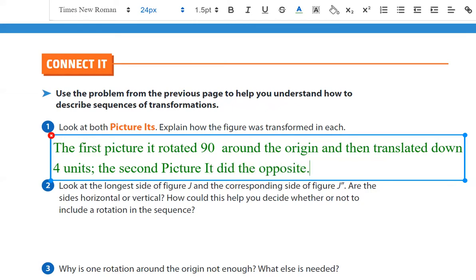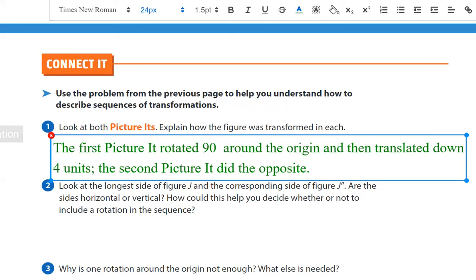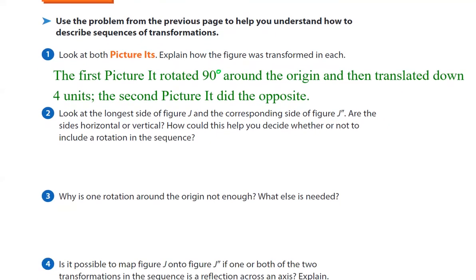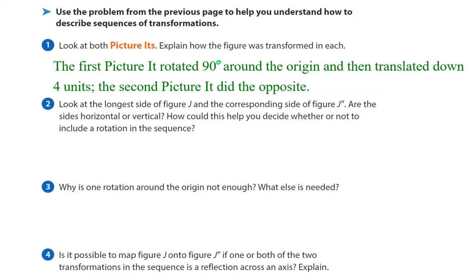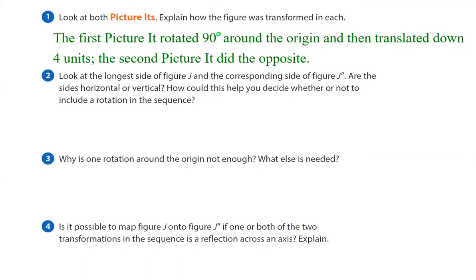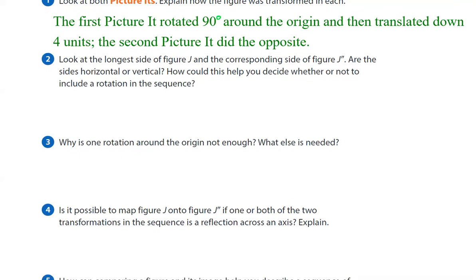There we go. I should have capitalized picture it because it's a title. And then I will add in my degree sign because I don't know how to type that. Ta-da! Okay, remember, if I'm going too fast for you, just pause, and you should see if you can do these without me first. That'd be the wise choice.